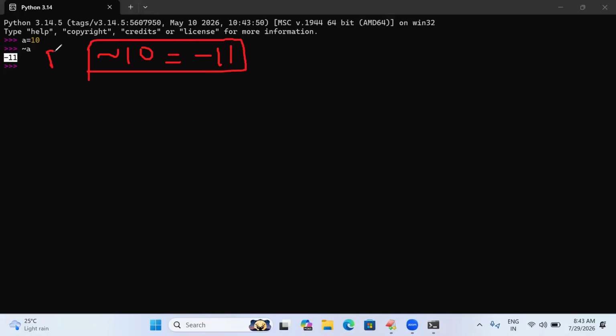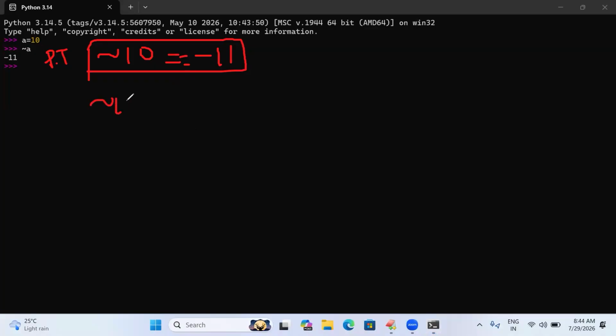I'm going to prove whether this negation of 10 is equal to minus 11 or not. Why? See here, when we use this negation of a, it is going to consider the negation of 10, right? When we execute this negation of 10, the output is going to be minus 11, right? So is this true or not? I'm going to prove it internally.